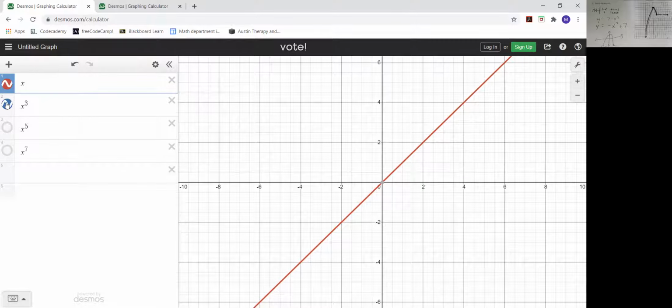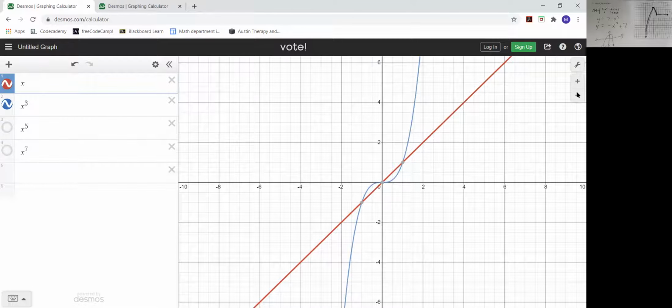So if we do y equals x to the third, you might notice it has a squiggle, but look at the end behavior. As we go off to minus infinity with the x, this function is also dropping down in the y. The y is also going to negative infinity.